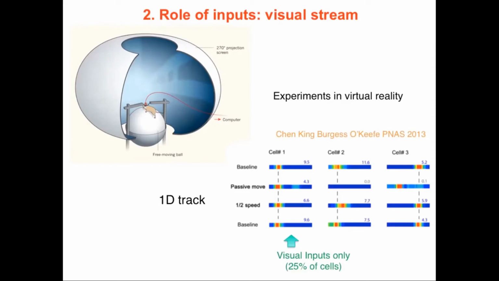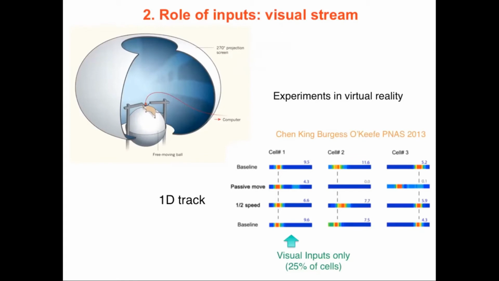And what you see is that some place fields actually don't move when there is this decoupling, and other place fields completely disappear. So clearly that means that some place cells are actually related to the motion of the legs. They have a place field which corresponds to the position in the environment, which corresponds to the number of turns of the ball.